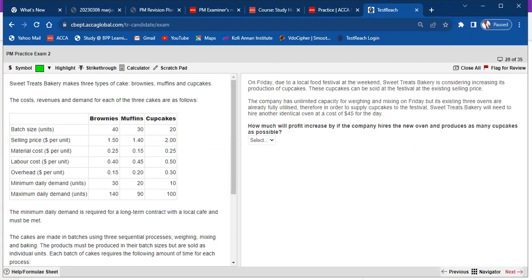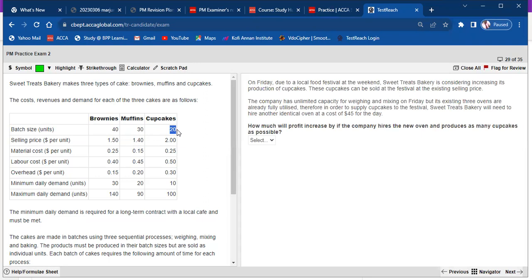On Friday, due to a local food festival at the weekend, Sweet Trees Bakery is considering increasing its production of cupcakes. These cupcakes can be sold at the festival at the existing selling price. So they want to produce more than 100 units. In batches of 20, they want to produce more than 5 batches. The company has unlimited capacity for weighing and mixing on Friday.